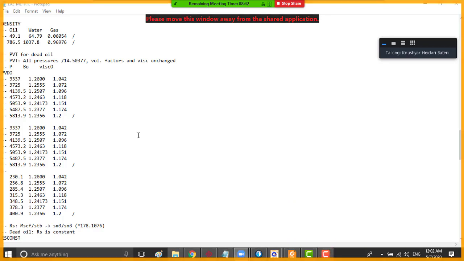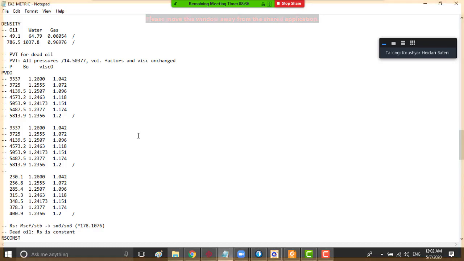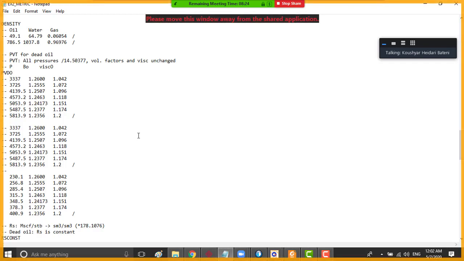Now, what do we need to do here in order to convert the data that we have from the field system to a metric system? The first column of data that we have here are pressures in PSI, and we have to convert that to pressures in bars.